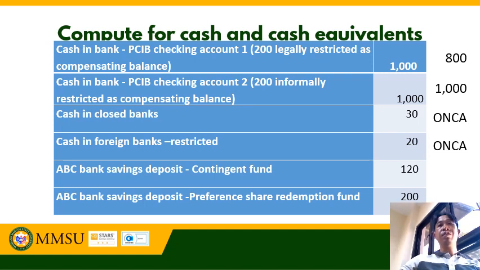This is also part of other non-current assets. And the ABC Bank Savings Deposit Contingent Fund, this is a long-term investment. And also preference share redemption fund, this is long-term investment. This is for non-current purpose.